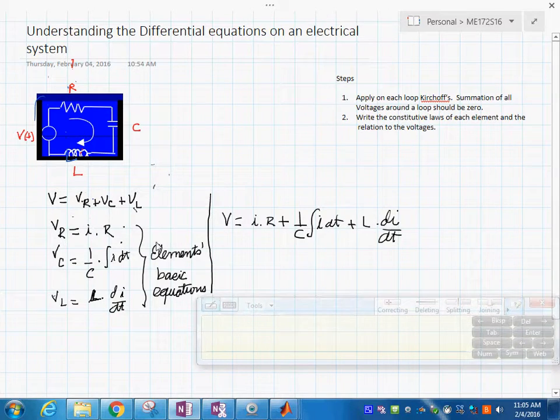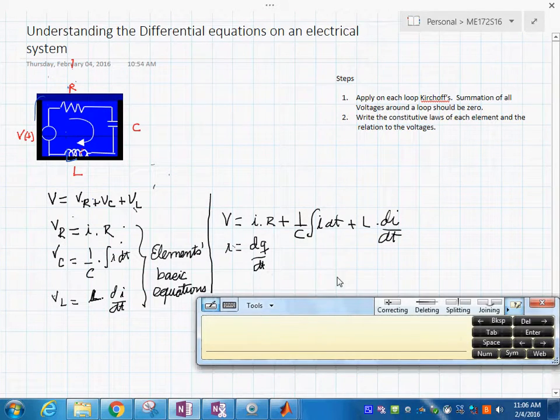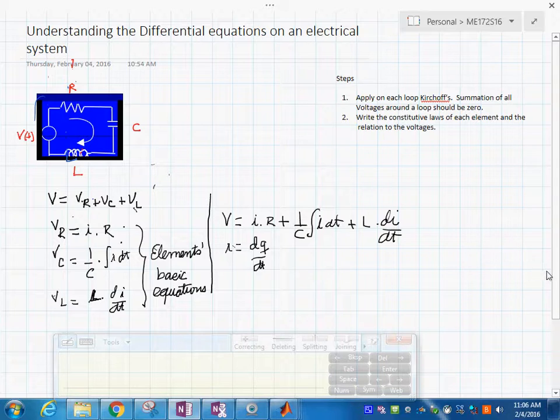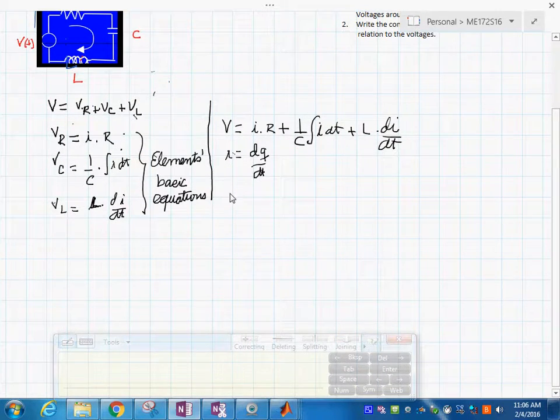So if we have something like this, where we have that I is dq dt, then it's gonna work, because you see we will write that voltage is equal to dq dt times R plus, this would be 1 over C times Q, right?